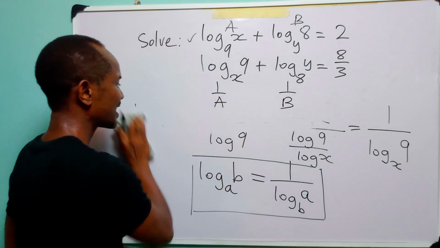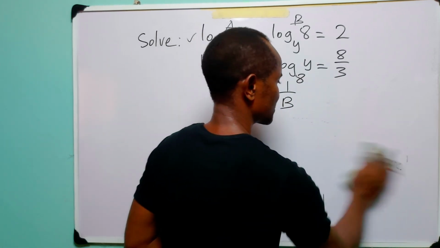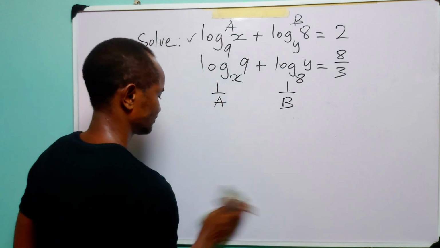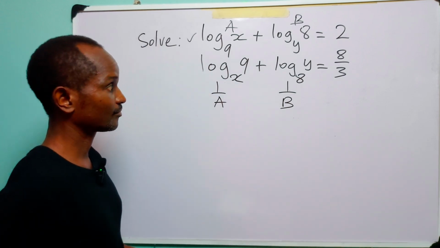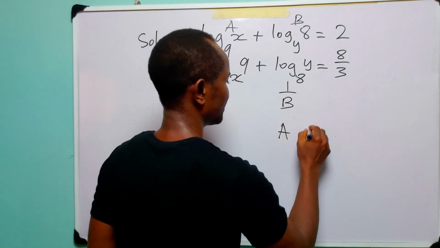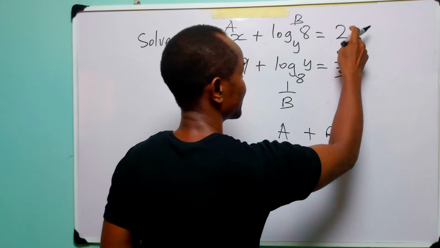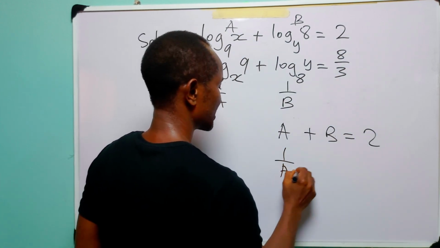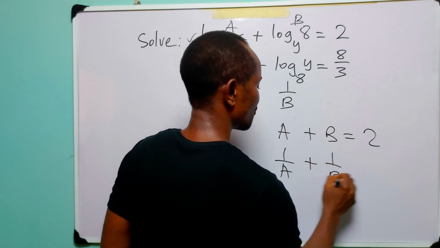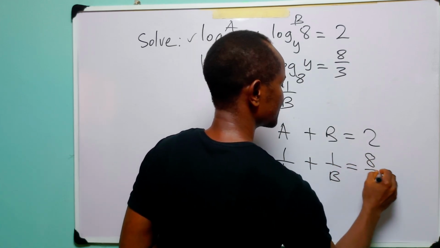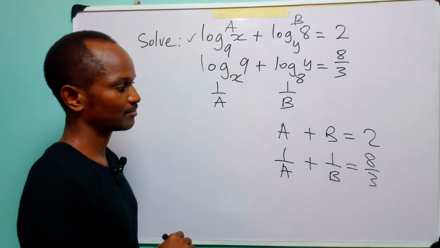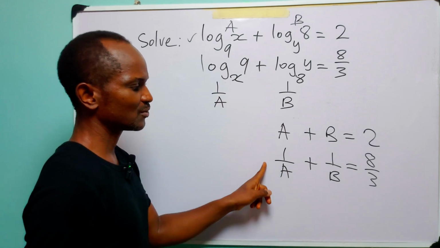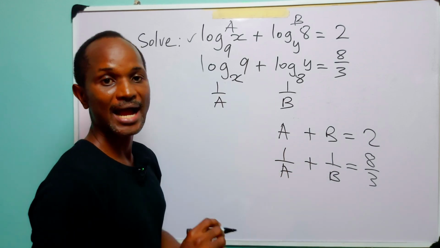So we can rewrite these two equations as a plus b is equal to 2 and 1 over a plus 1 over b is equal to 8 over 3.